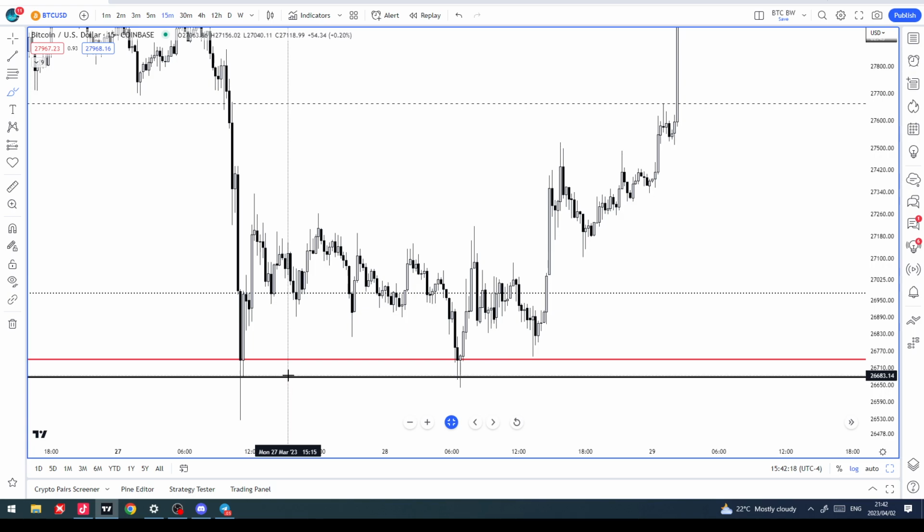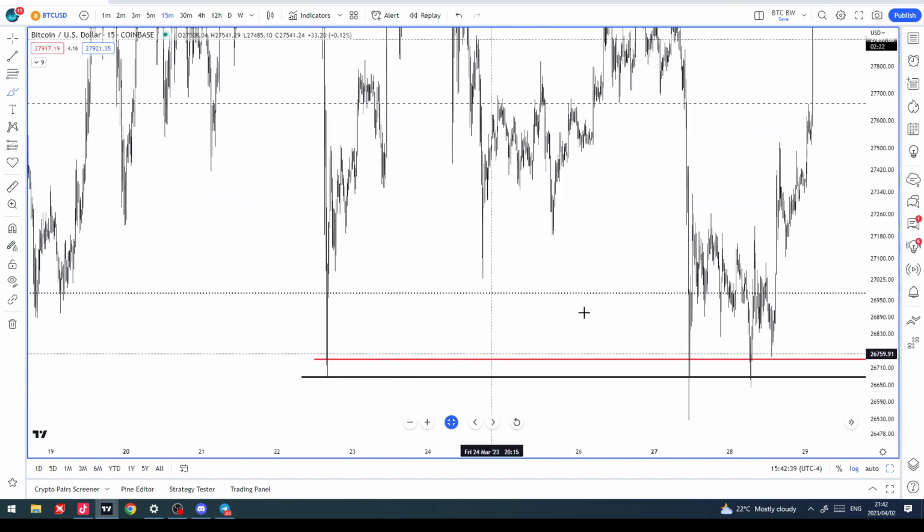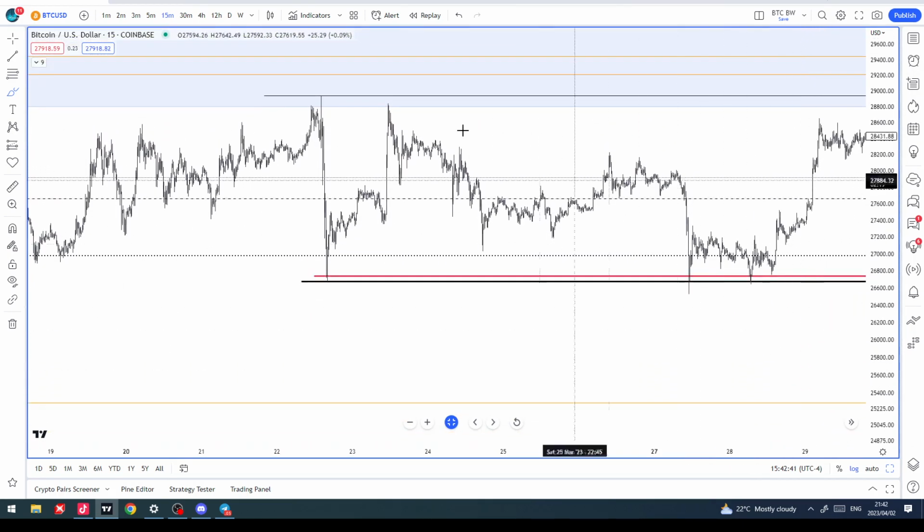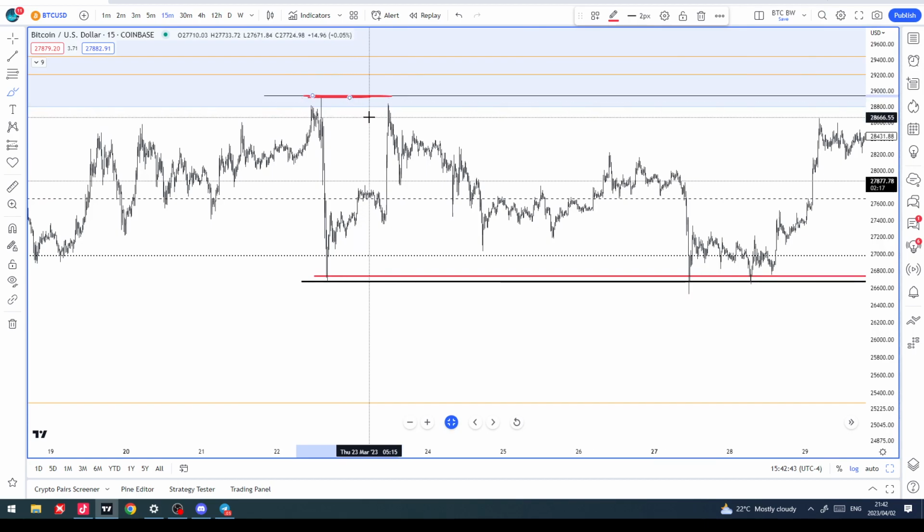So are we bearish or are we bullish? We're bullish, right? We're bullish because if it took the lows without closing below on a daily chart, then we're targeting the other side of the range, which is all the way up here, the FOMC candle high.